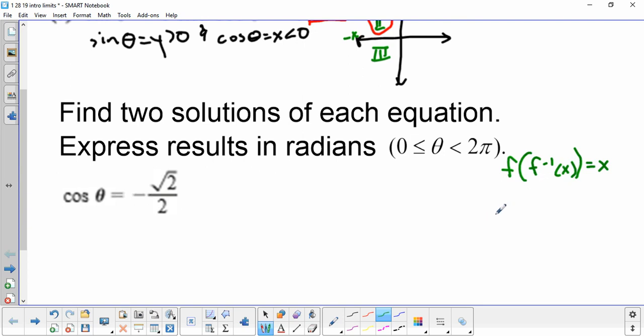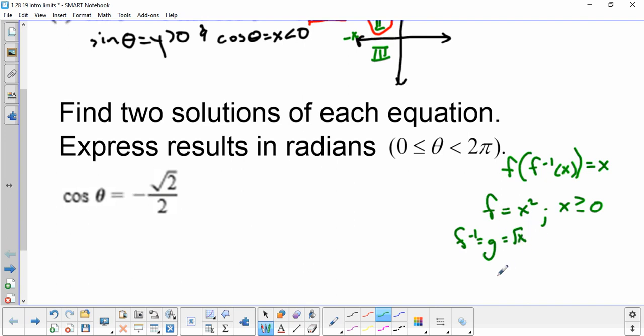For example, take the function x squared, for all x values greater than or equal to 0. Then you have another function, which we'll call g of x, that is the inverse. That would be the square root of x.